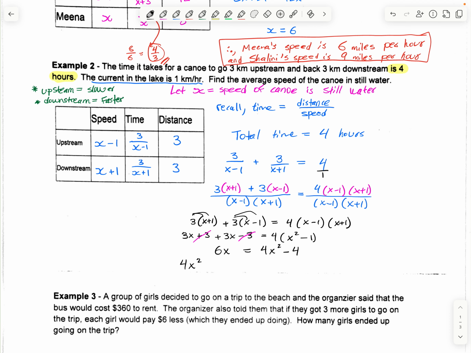So 4x squared minus 6x minus 4 is equal to 0, right? If you subtract 6x from both sides, you'll get this, and then this side will just be equal to 0. I can also simplify this by dividing both sides by 2. So I get 2x squared minus 3x minus 2 is equal to 0.